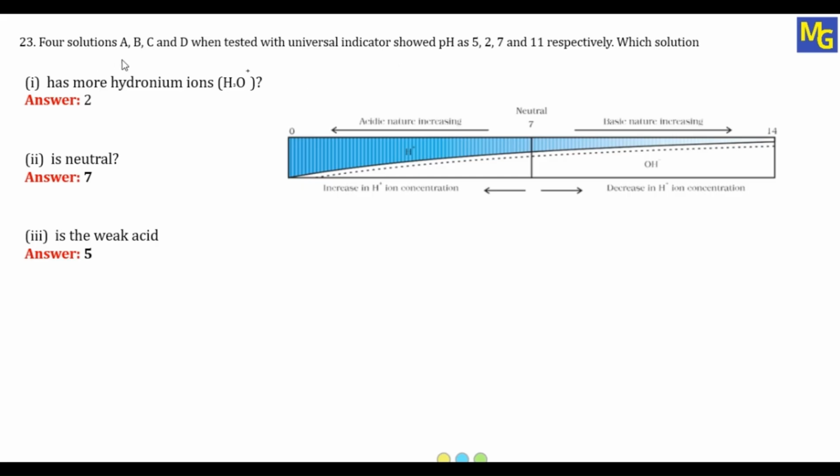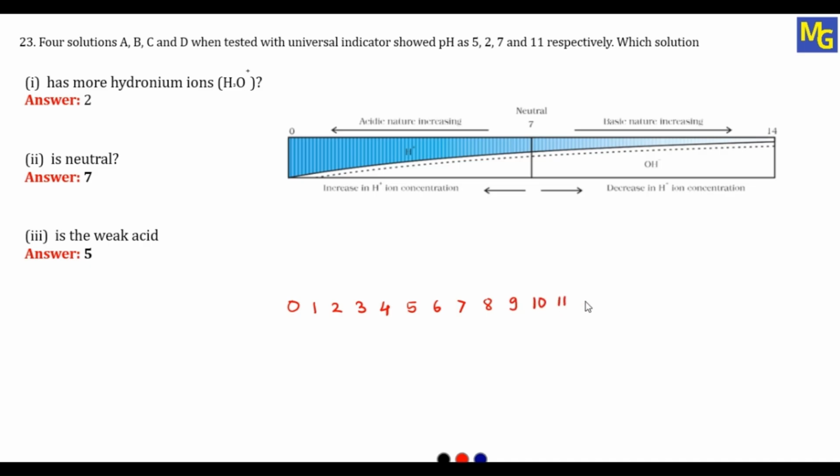So here we will start the first question. Before going to the first question, we will see a little bit of extra information about this question. This diagram is again from the NCERT book. Here we have a pH range from 0 to 14, that is 0, 1, 2, 3, 4, 5, 6, 7, 8, 9, 10, 11, 12, 13 and 14.